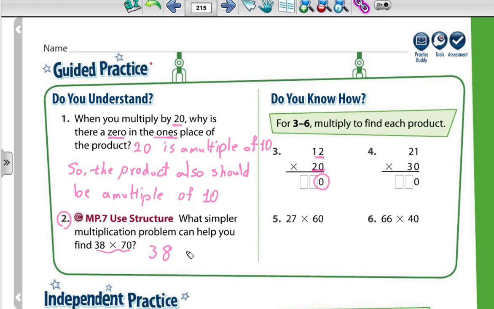So it's 38 times 7. This is the problem that if we know the solution of it, we can solve 38 times 70. So we will solve 38 times 7 and just add 0. Thank you. You are truly a hero. Thank you, Muhammad.